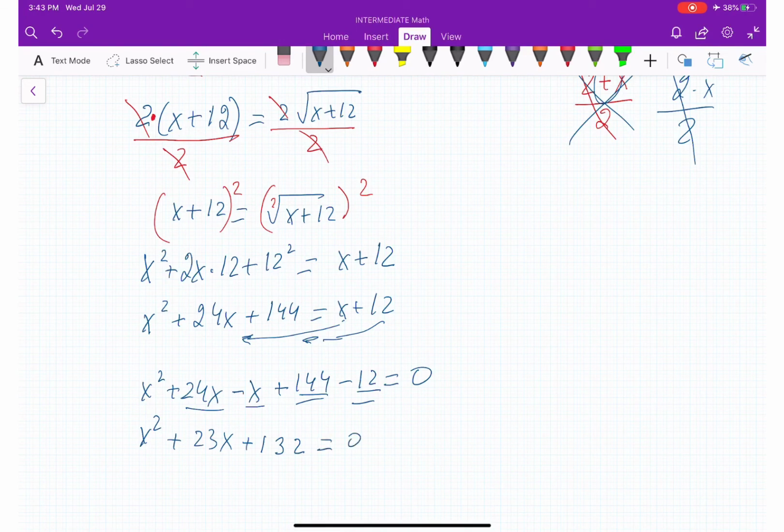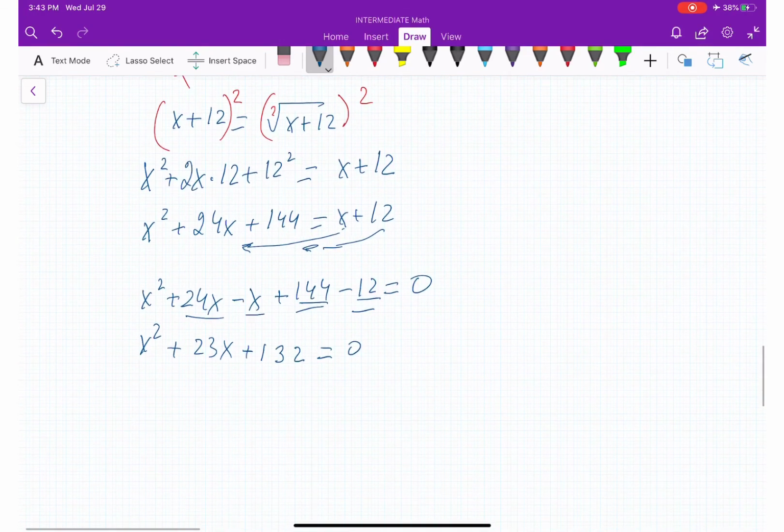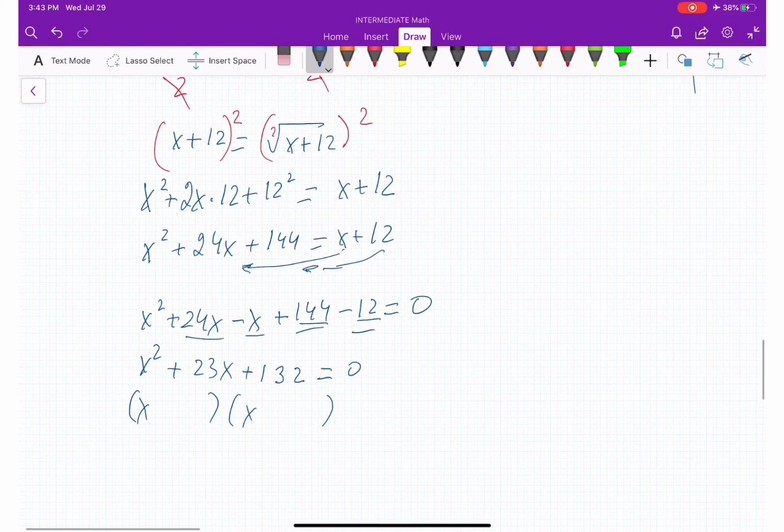Equals 0. So which numbers with multiplication will give you 132, addition 23? That's going to be negative 12. I mean, both of them are going to be positive. Did I do something wrong? Let me see.